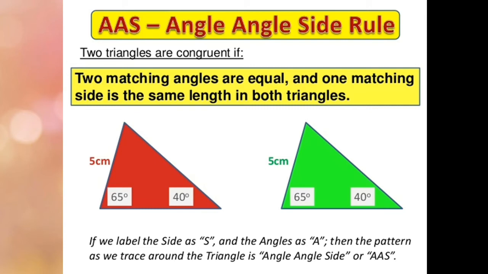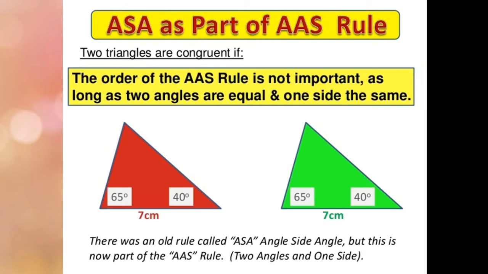So, gaya ng example natin, we have 5 cm, 5 cm, then two angles are equal, 65 and 40 degrees. If we label the side as S and the angle as A, then the pattern as we trace around the triangle is angle angle side or AAS.